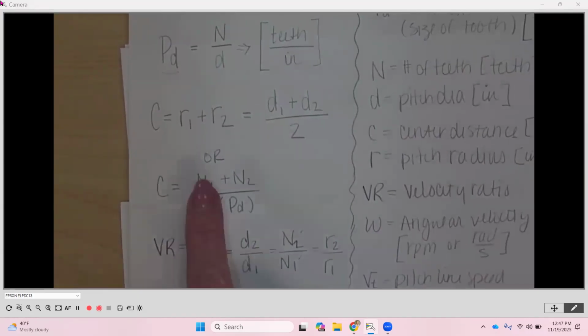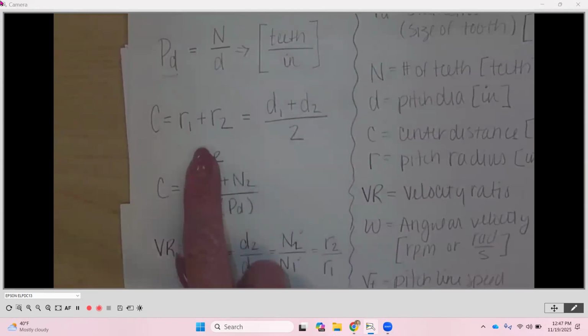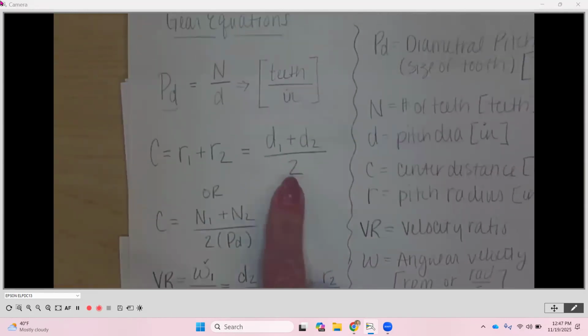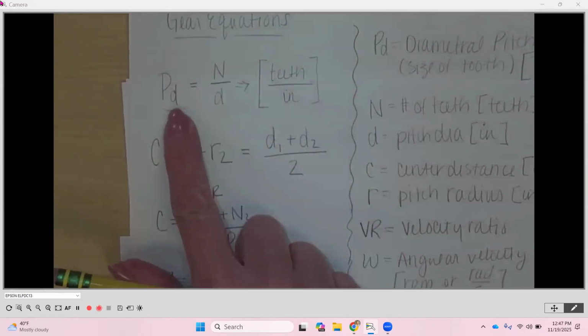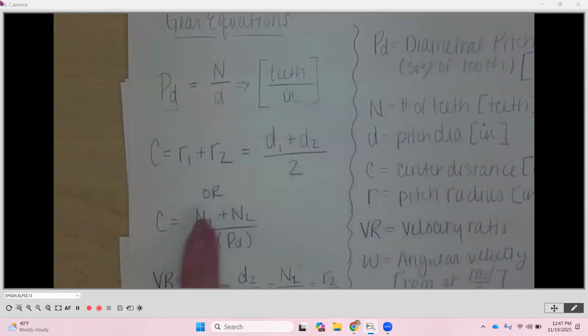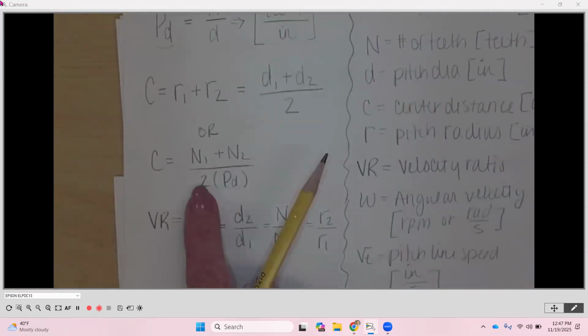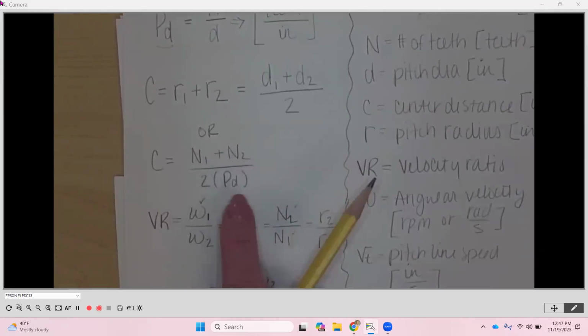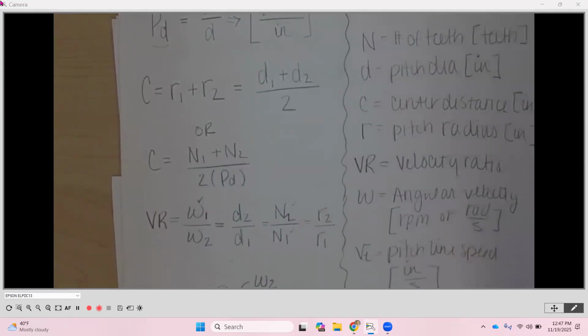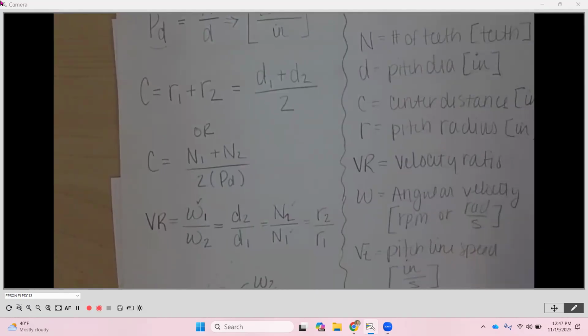Okay. So we didn't individually calculate the diameters yet. We could do that with this relationship up here, because now we know the number of teeth and we know the diametral pitch. We could calculate the diameter. But if we want to just jump right to center distance, we can use the number of teeth in each and divide by 2 times the diametral pitch to get the center distance directly.